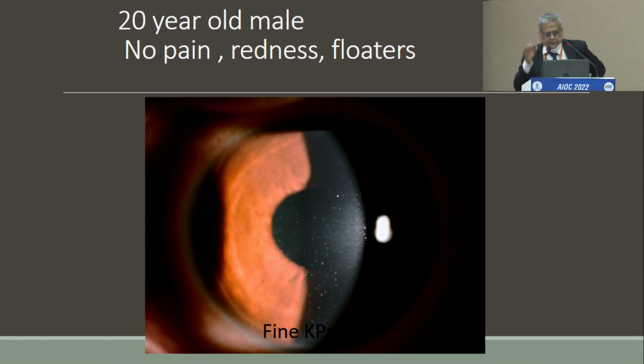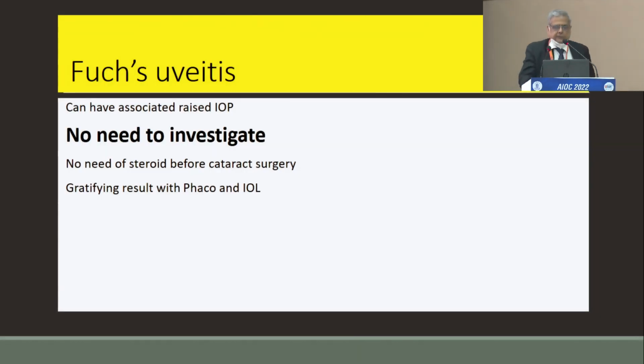What is so characteristic here? No posterior synechiae. Disproportionate cataract. Fuchs. This is actually Fuchs uveitis. It can have associated raised IOP. No need to worry, no need to investigate, no need of steroid before cataract surgery, with gratifying results with phaco and IOL.